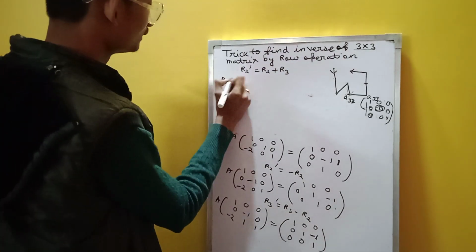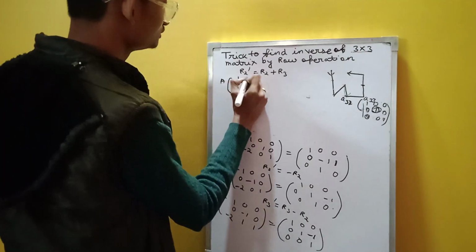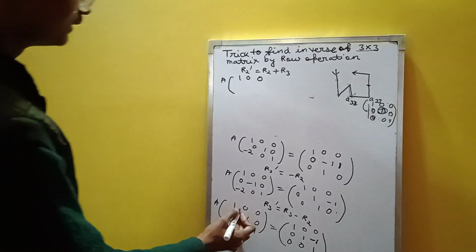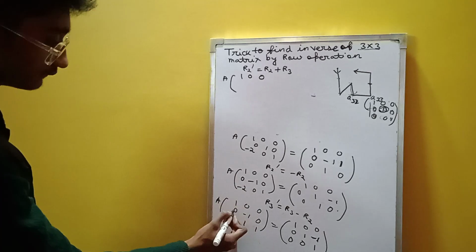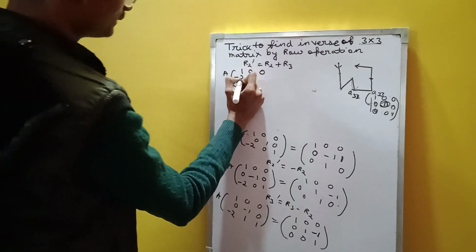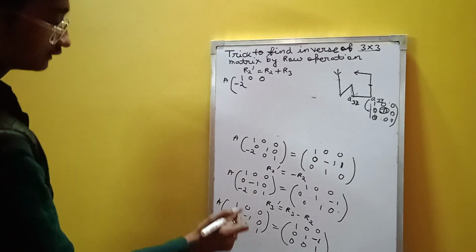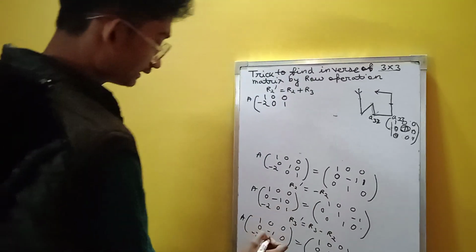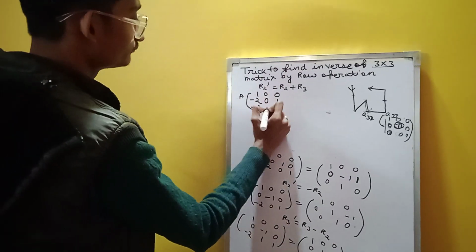Row 1 stays as it is, 1 0 0. Then 0 negative 1 0 gets added with row 3. So 0 minus 2 plus minus, that is minus 2. Minus 1 plus 1, that is 0. And 0 plus 1, that is 1. Then minus 2, 1 1 as it is.